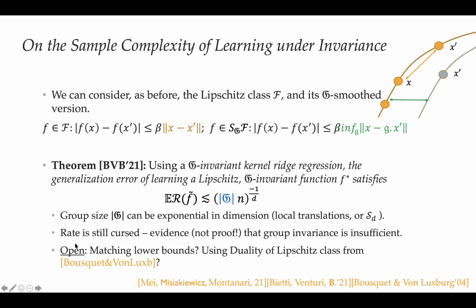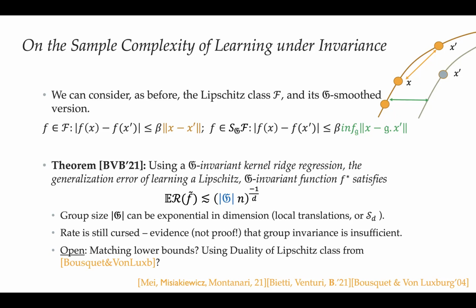However, there's pretty bad news here, which is that the rate is not changed. The rate is still cursed by dimension, in the sense that if you want to make the generalization error twice as small, you still need to increase the number of data points by something that is exponential in dimension.